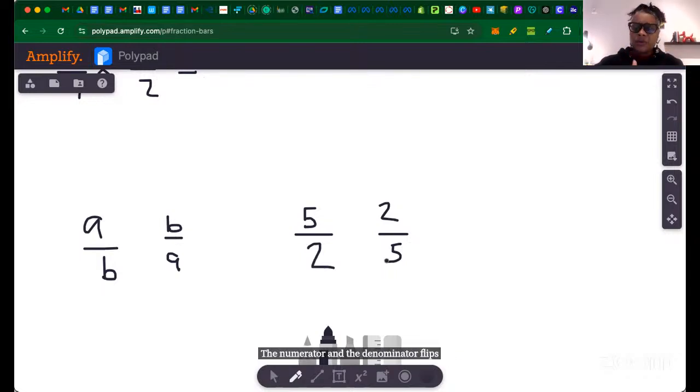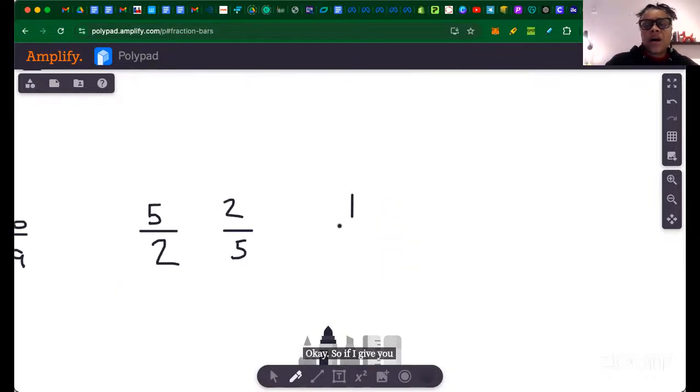That's what is meant by the reciprocal. Okay, so if I give you 1 over 3, tell me in the chat what's the reciprocal of 1/3. There you go. Okay, that's what your teacher is meaning by flip.